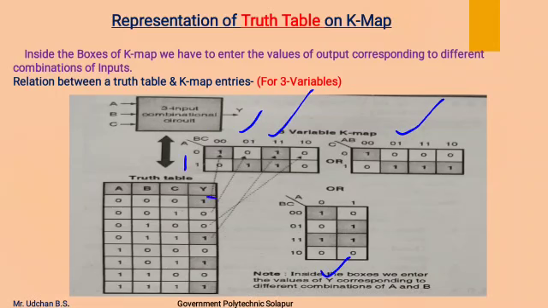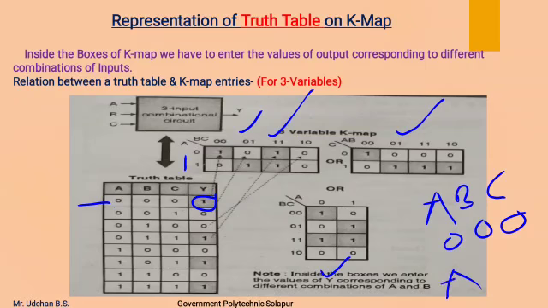Now the first value of output is 1, for which values of A, B, C are 0, 0, 0. That is, the product term will be A bar, B bar, C bar, and the position of product term A bar, B bar, C bar is this first cell. So this one is entered over here. Similarly, we can see the entry of this output value for which input combination is 0, 0, 1.